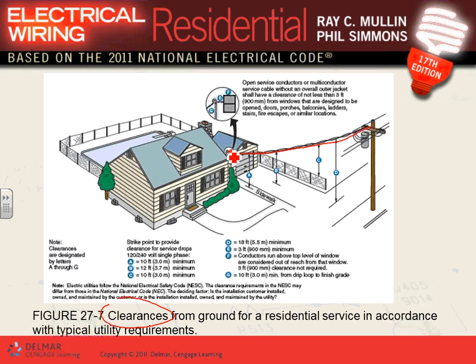So if you look at the first one, A, the minimum is 10 feet. So when you land your cables into the mast at the top, the minimum from the bottom of that wire all the way down to the ground right here. Can you guys see that? That's a minimum of 10 feet. Done. Then 12 feet. This is a driveway.